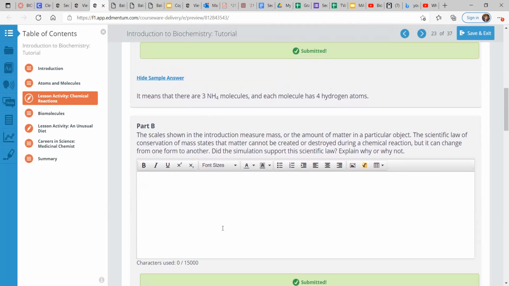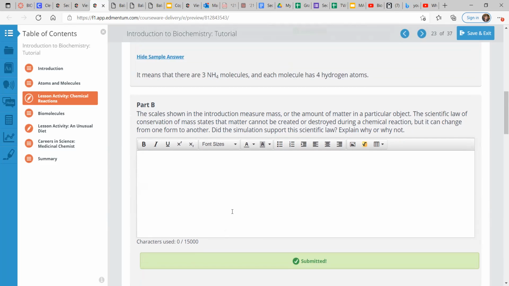Part B, the scale shown in the introduction measures mass, or the amount of matter in a particular object. The scientific law of conservation of mass states that matter cannot be created or destroyed during a chemical reaction, but it can change from one form to another. Did the simulation support this scientific law? Why or why not?